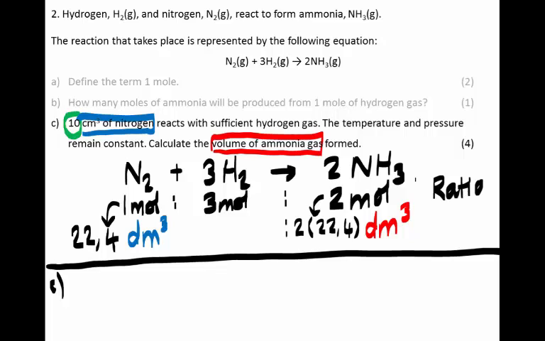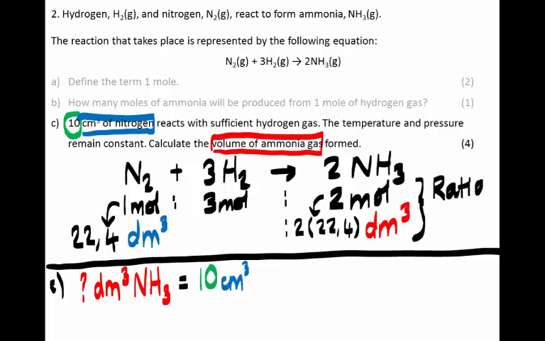So we have now got the mole ratio in a ratio which is valuable for this question, which is a volume-volume ratio. Now we can get to our particular question. And our question is, what is the volume? So let's say, how many decimeter cubed of ammonia are formed when 10 centimeter cubed of nitrogen reacts.